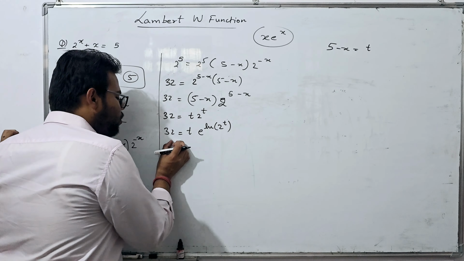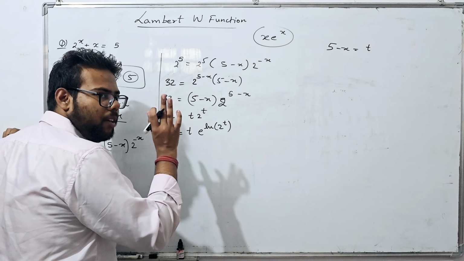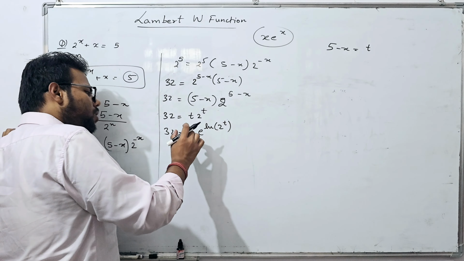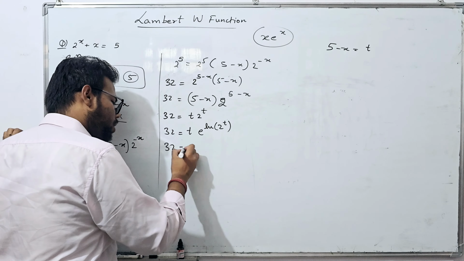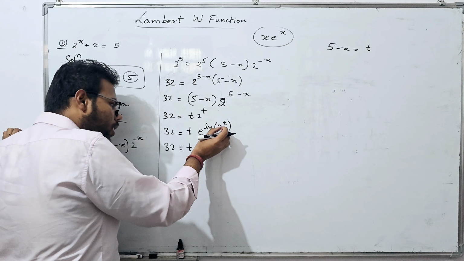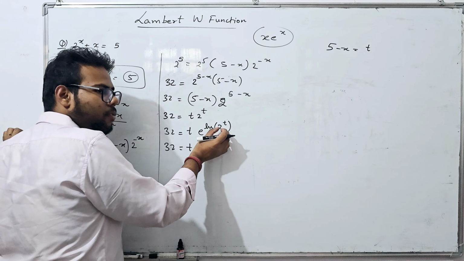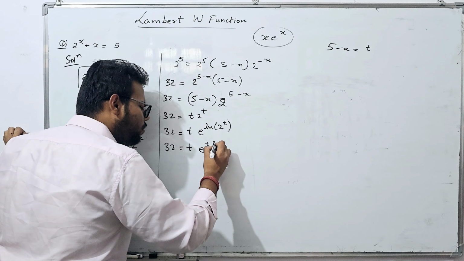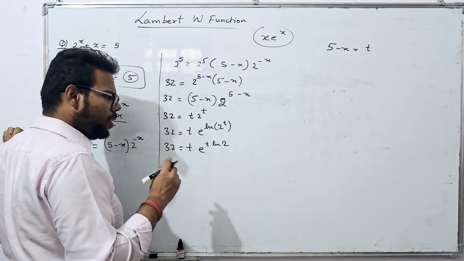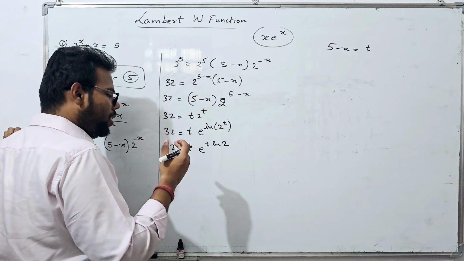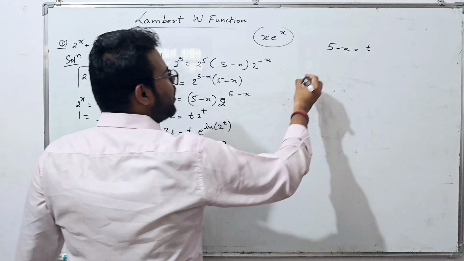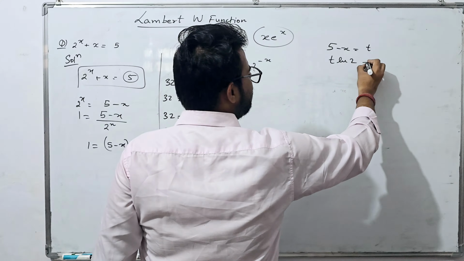So 32 is equal to t into this quantity. You can bring t outside the ln, so you get t ln2. Now what you can do is set t ln2 as y.